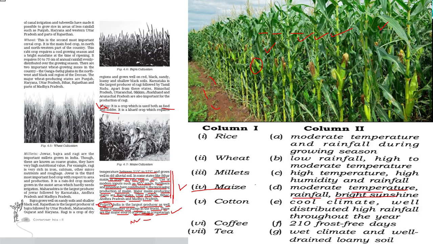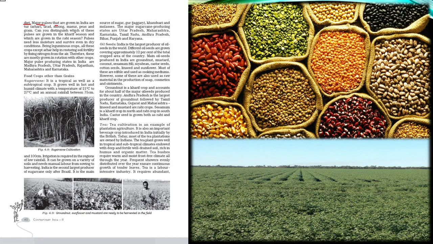Major pulses which are grown in India are tuar, that is arhar, urad, moong, masoor, peas, and gram. So, can you distinguish which of these pulses are grown in Kharif season and which are grown in Rabi? Pulses need less moisture and survive even in dry condition.